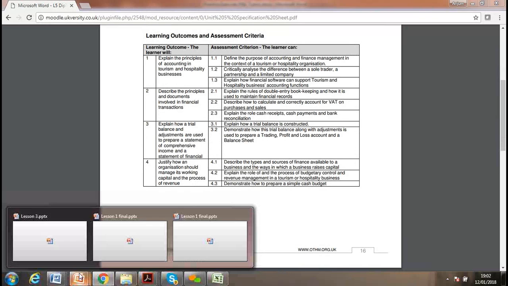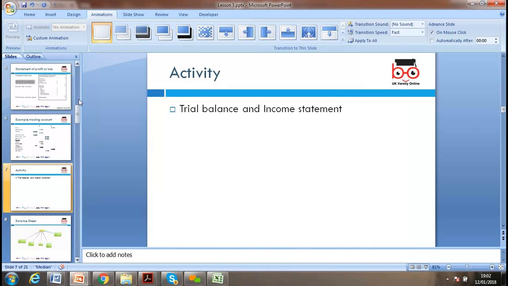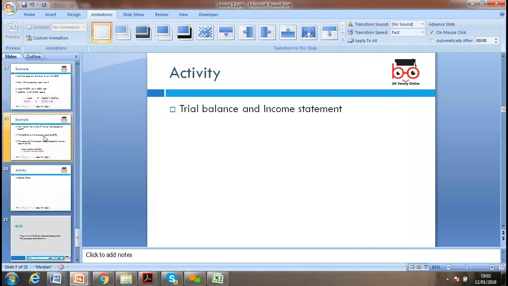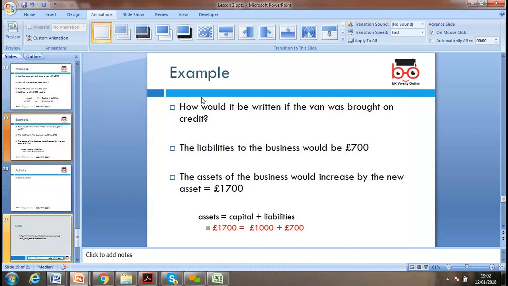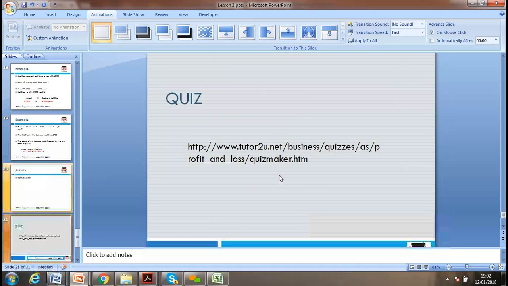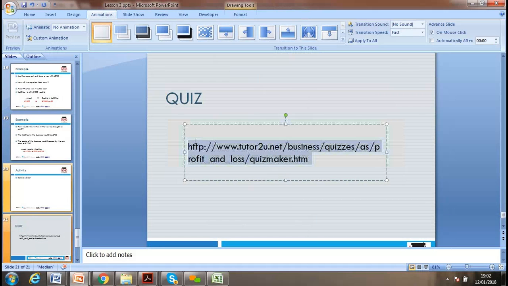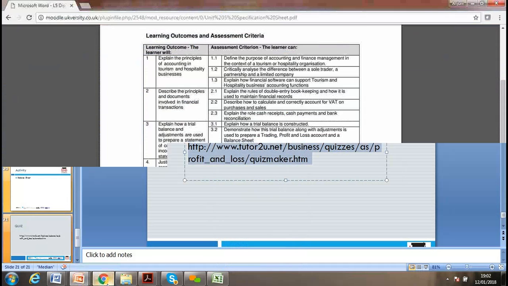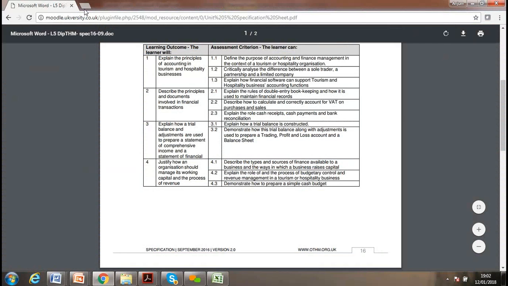Okay, so we'll do a bit of quiz on it to enhance our learning. I added these just as examples for you as well. How much we bought the van, how much it is now. So just go through, we did activities, so we'll do a bit of quiz on it.